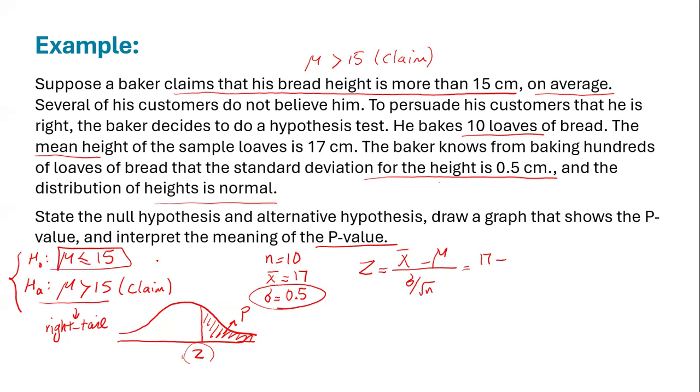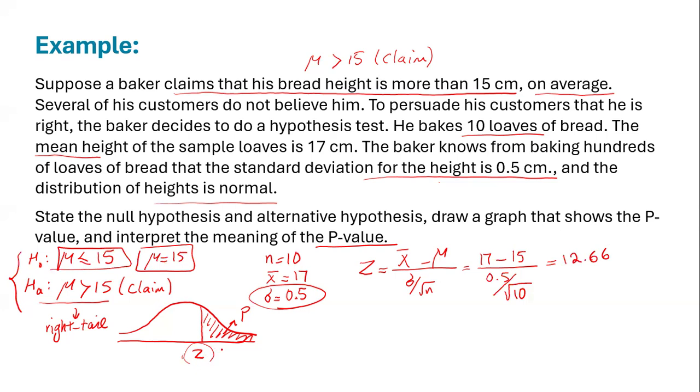We always assume that mu is equal to the claim number. So mean is 15. Sigma is 0.5 over the square root of sample size, which is 10. And the answer that we get for the test statistic is 12.66.